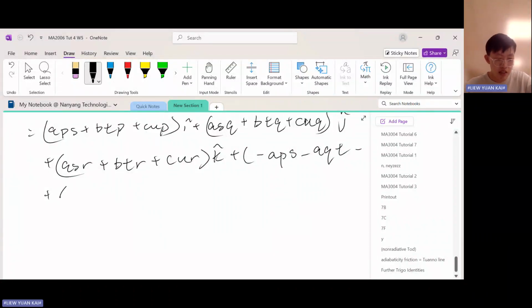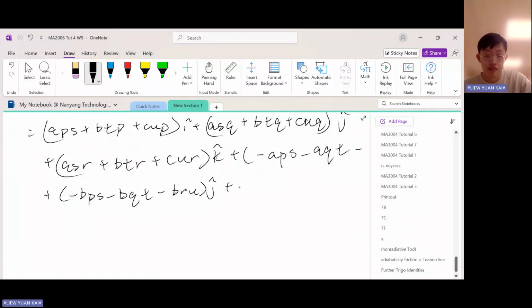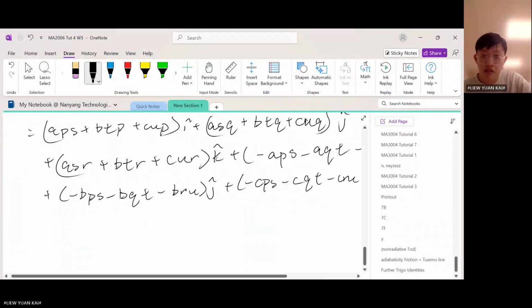Okay, my solution states negative BPS minus BQT minus BRU J plus, now we do the K components. So minus CPS minus CQT minus CRU.